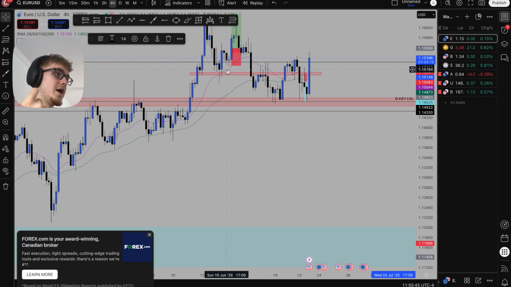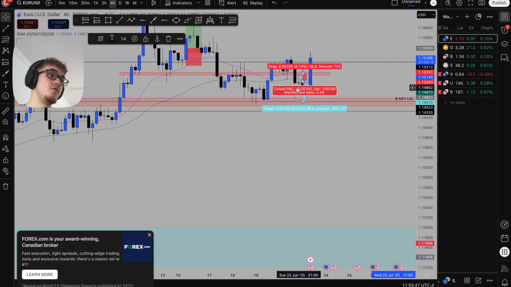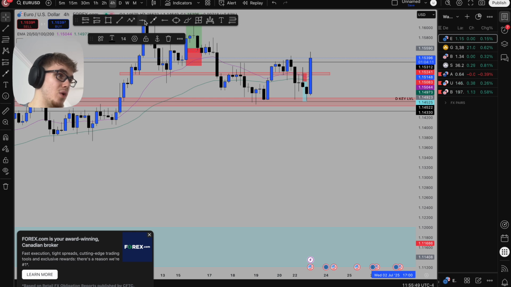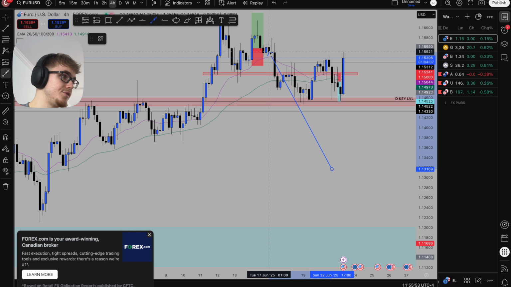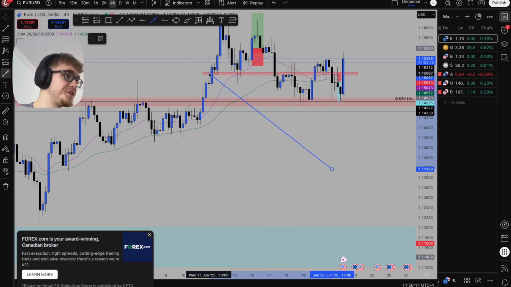Now, when I went back to the 4 hour, the 4 hour made the most sense to me. Why? Because on this time frame, price started making lower highs to lower lows, lower highs to lower lows, and then price started shifting, showing us some bullish momentum. But then price started to reject this key level.